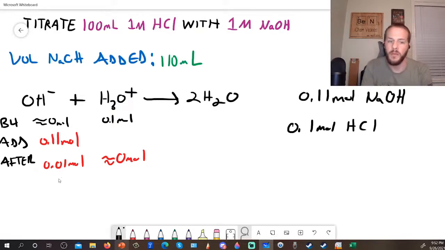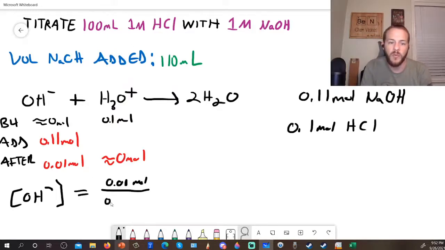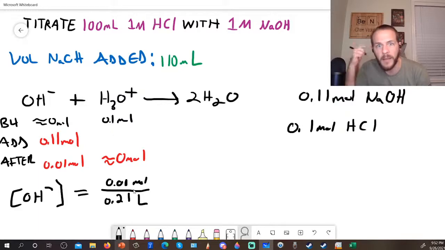Now we need to take that 0.01 moles and convert it into a molar concentration of hydroxide by dividing by the total volume. Our total volume is 100 milliliters plus 110 milliliters, which is 210 milliliters, or 0.21 liters, converted in my head.